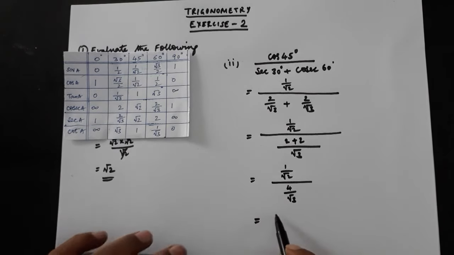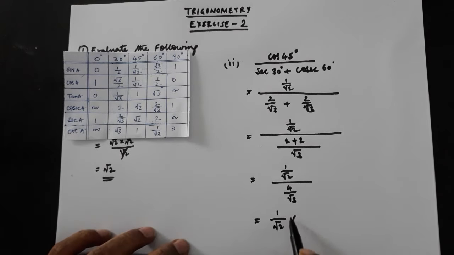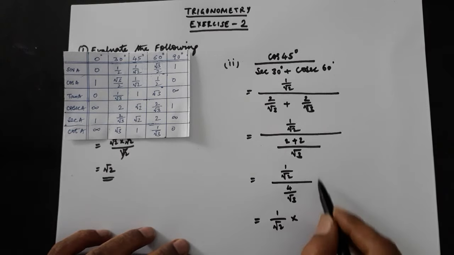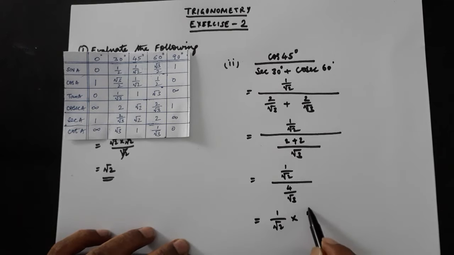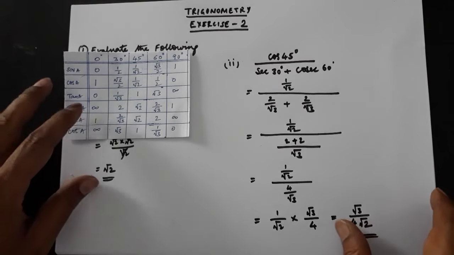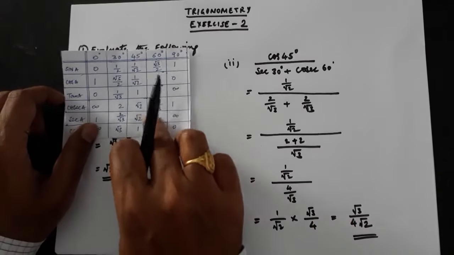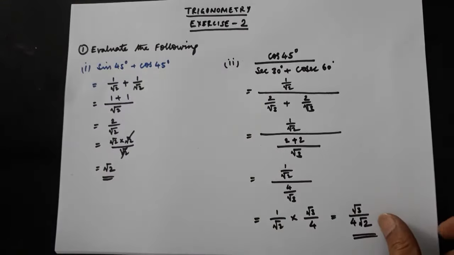This we can write as 1 by root 2 into, if we bring this one up, root 3 by 4. 4 by root 3 becomes root 3 by 4. Okay, so the answer is root 3 by 4 root 2: root 3 into 1, root 3; root 2 into 4, 4 root 2. Okay, this is the answer. For all this, we should know these values.